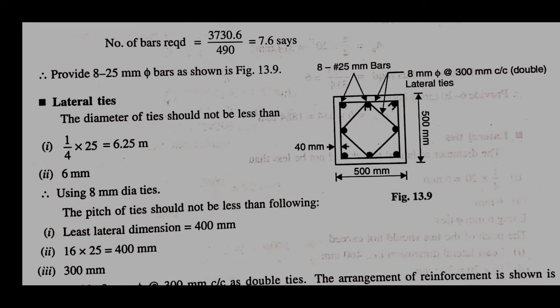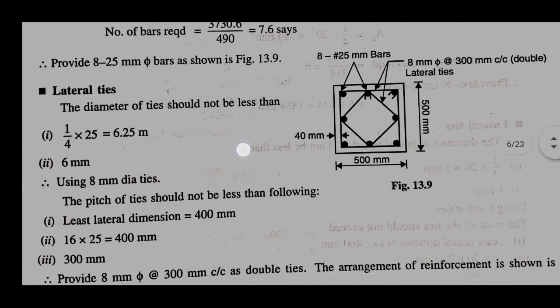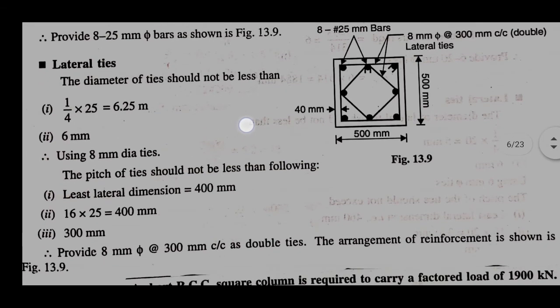The pitch of ties should not be more than the following. Least lateral dimension is equal to 400 mm, 16 into the dia of bar, that is 16 into 25, which is equal to 400 mm, and 300 mm.